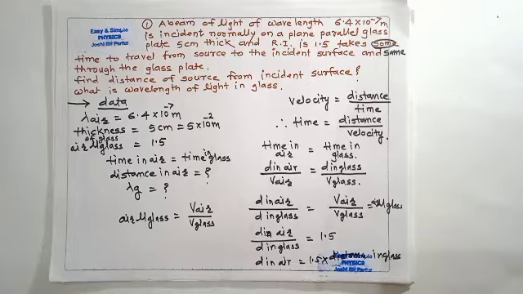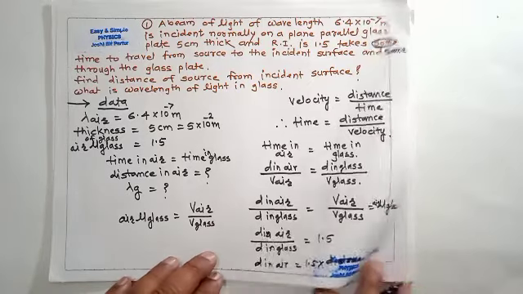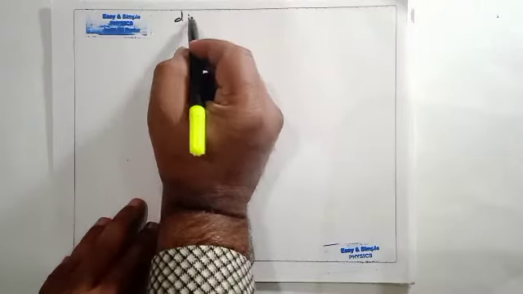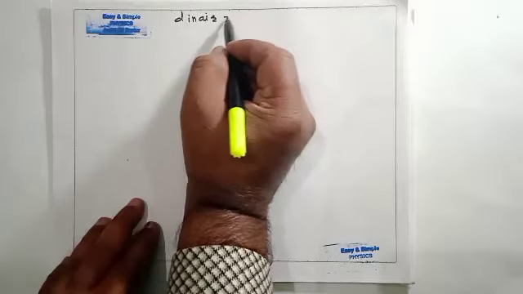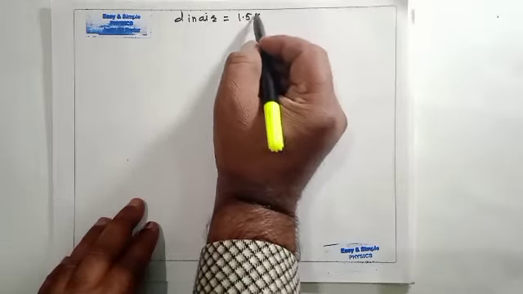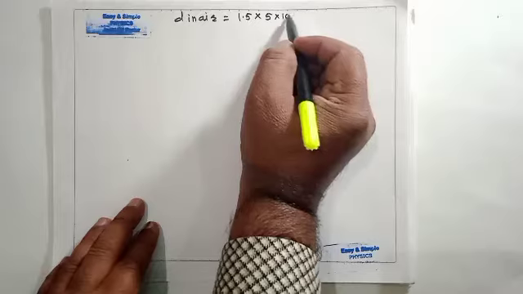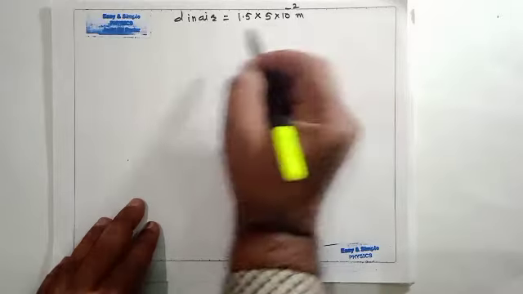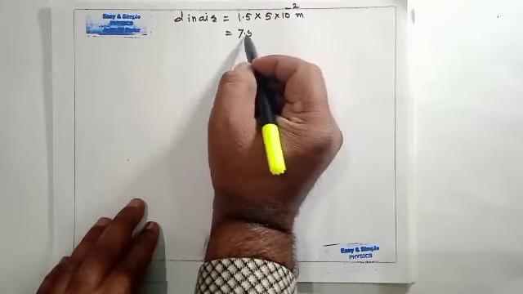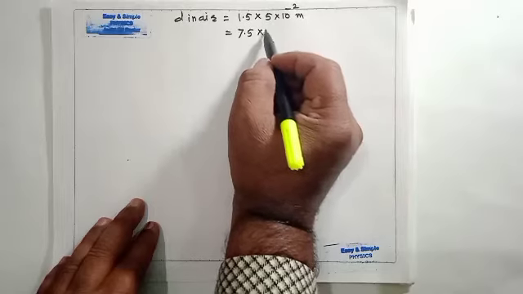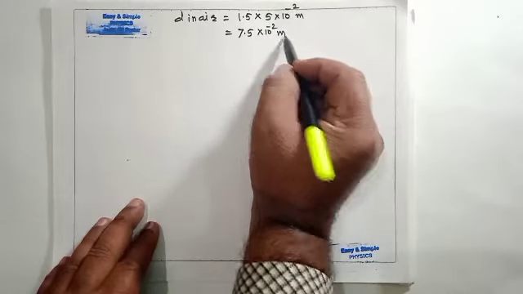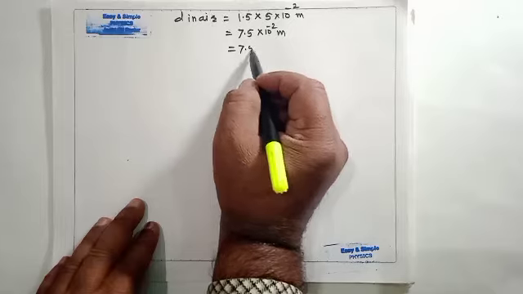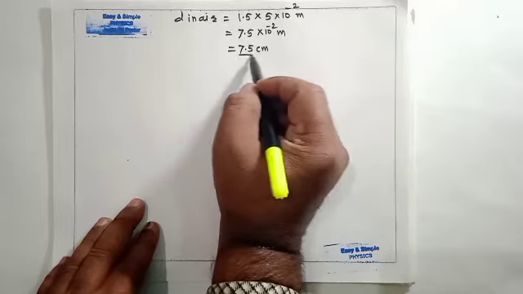If we substitute the value of thickness, distance in air is equal to 1.5 into 5 into 10 to the power minus 2 meter, which means 7.5 into 10 to the power minus 2 meter, or 7.5 centimeter.